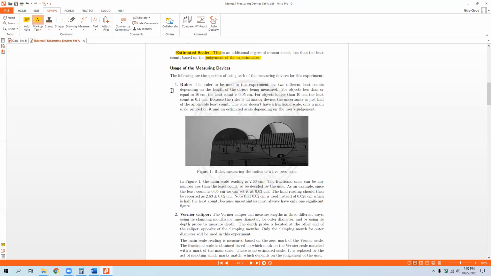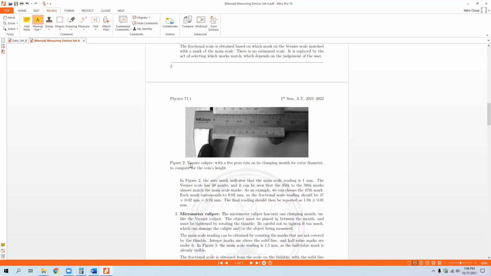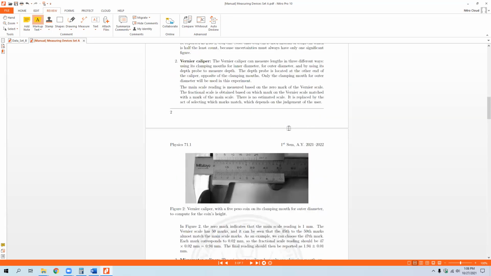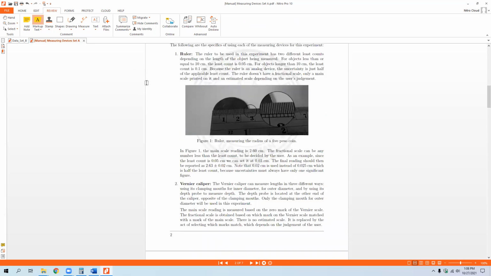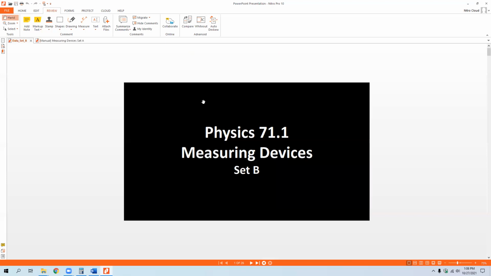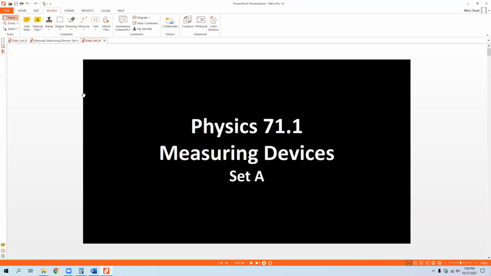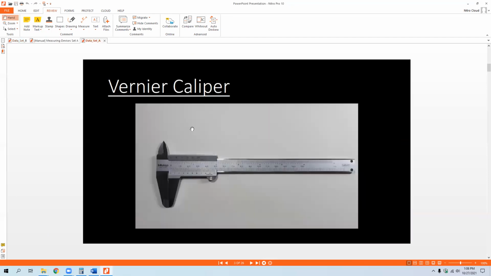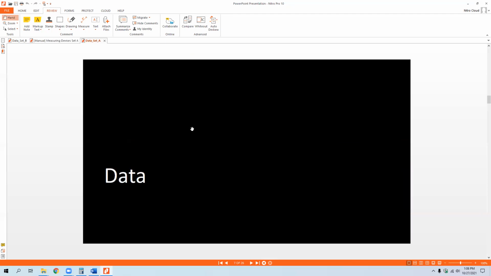Again, we have your ruler, vernier caliper, and we have your micrometer caliper. So let's do some sample measurements using our ruler first. So sa ruler natin, let's go to our data set. Oh, this should be set A. Okay. So set A, we have your ruler, vernier caliper, micrometer scale, and digital weighing scale.